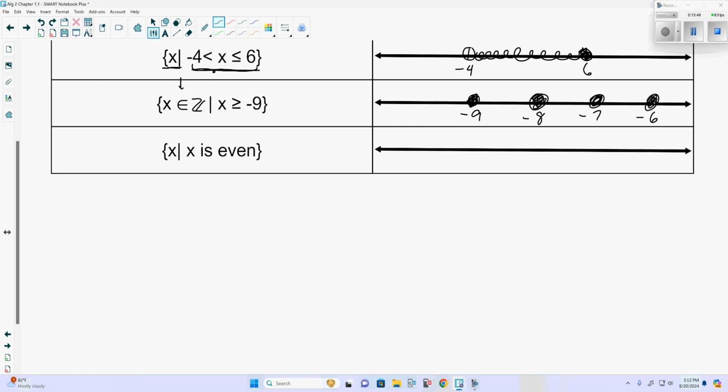So realistically, graphing this one's impractical because you just keep doing that. There wouldn't be a full shade on it. And the same thing's true for the last one, because it reads as the set of all real numbers x such that x is even. And then we'd have all the even numbers. So it'd be similar to the one above where we just have the points and nothing in between. Questions on this here? Are you ready for the next part of this?